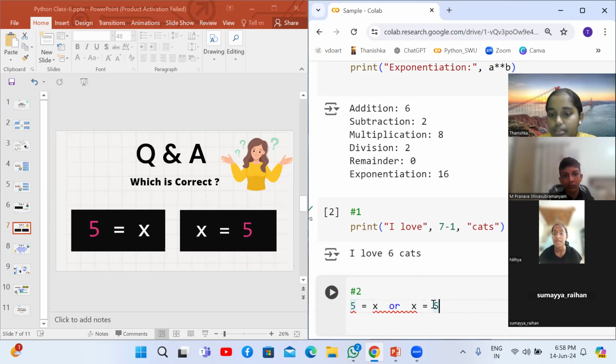Not in the question, but why do we use equal sign in Python? Only one time, if we just use it one time, then what's the meaning? Passing the value. Correct. Passing the value from which side to which side? From right side to left side.